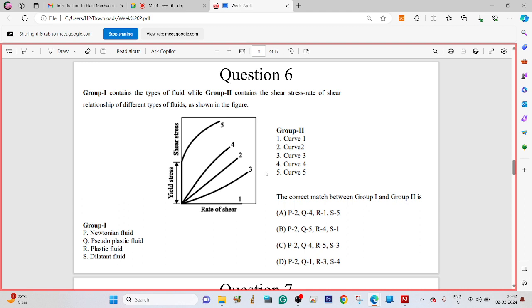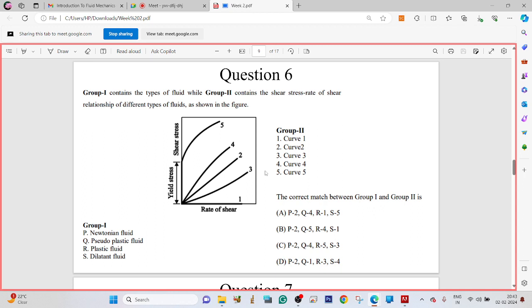Ideal Bingham plastic is like toothpaste or chocolate, and pseudoplastic fluid examples are nail polish or ketchup, and Newtonian is obviously water, which is a common example. And dilatant fluid is like cornstarch. If you mix cornstarch in water, that combination is a dilatant fluid, right?